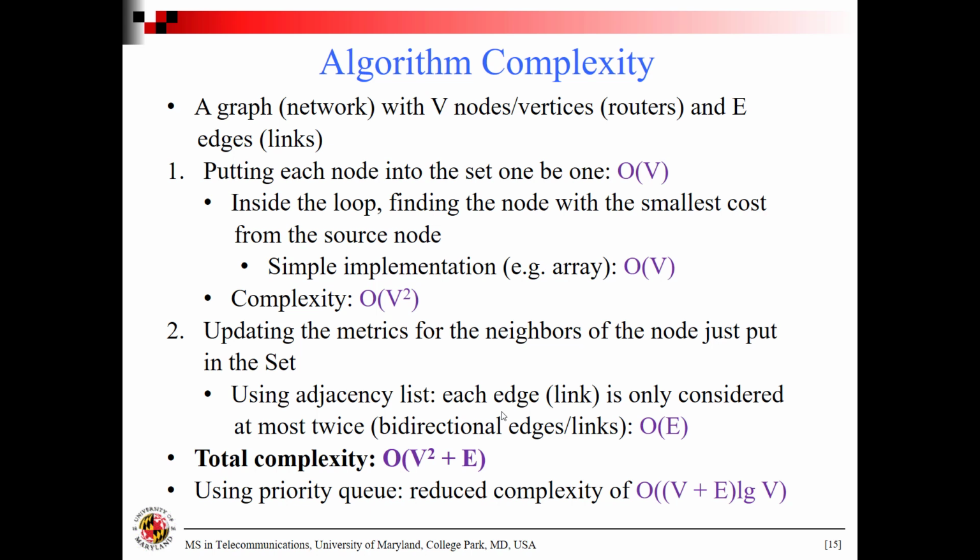So you will have this kind of n plus n minus 1 plus n minus 2 type of summation. So it will be an n squared over 2 type of final result. And then there will be some linear terms, but the leading terms will be quadratic anyways. Okay, so that operation is basically order of V squared, where V is the number of nodes or vertices.